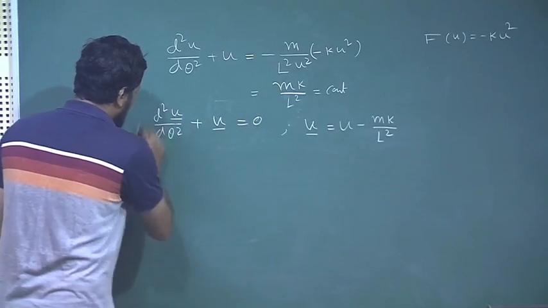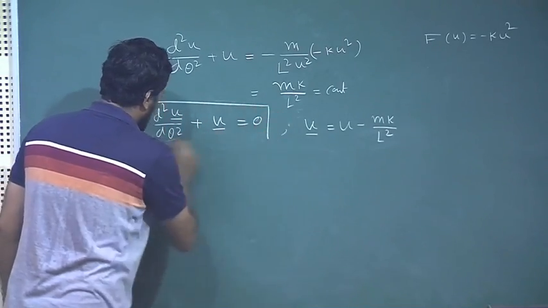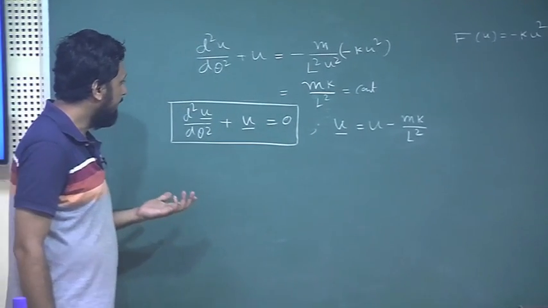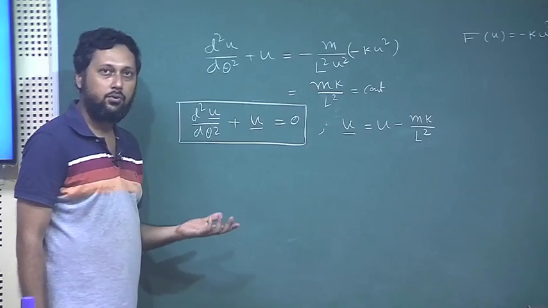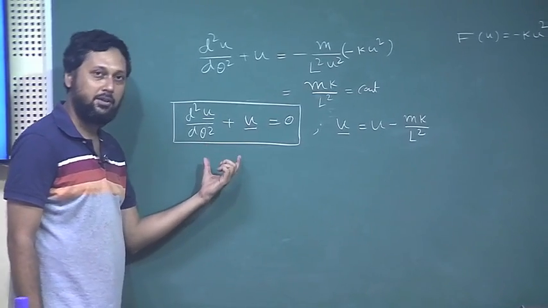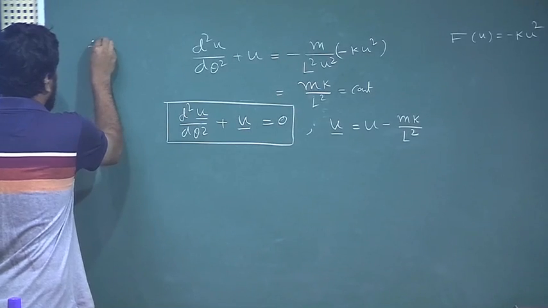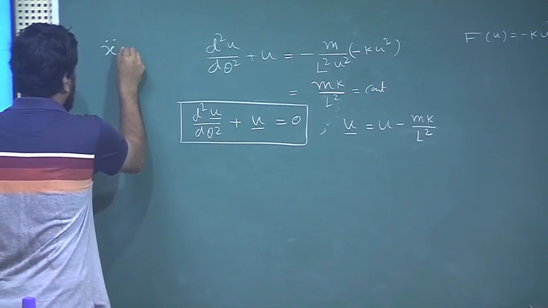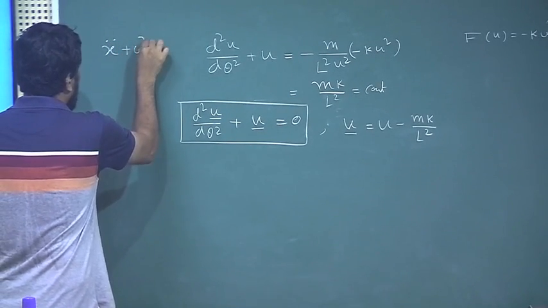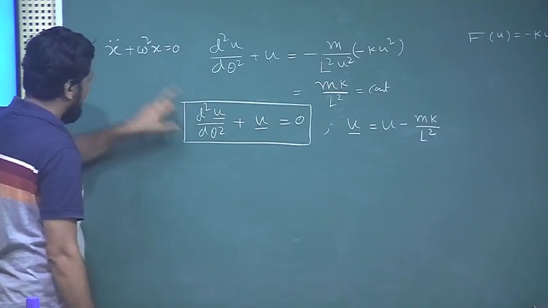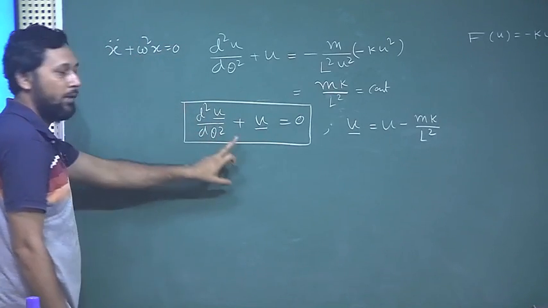Now, this is a very familiar form. Remember simple harmonic oscillation? Under no resistance, under no external force, the simple harmonic oscillation has this familiar form. If you do not recall, I will just remind you, it will be x double dot plus omega square x equal to 0. In this case, it is equivalent with omega square equal to 1.